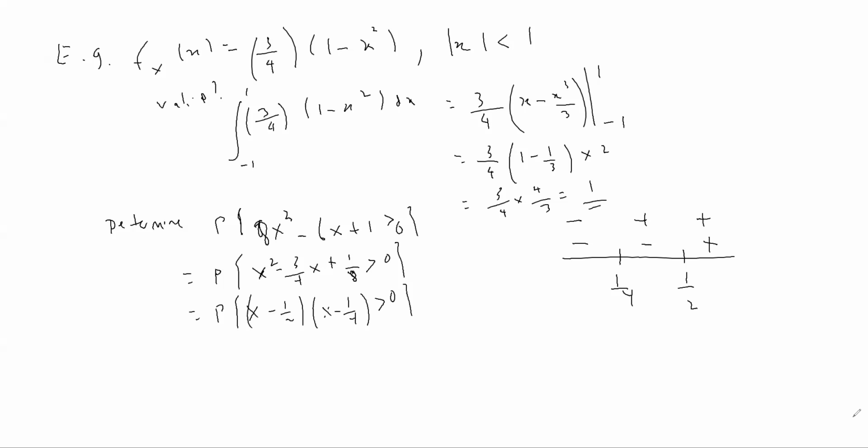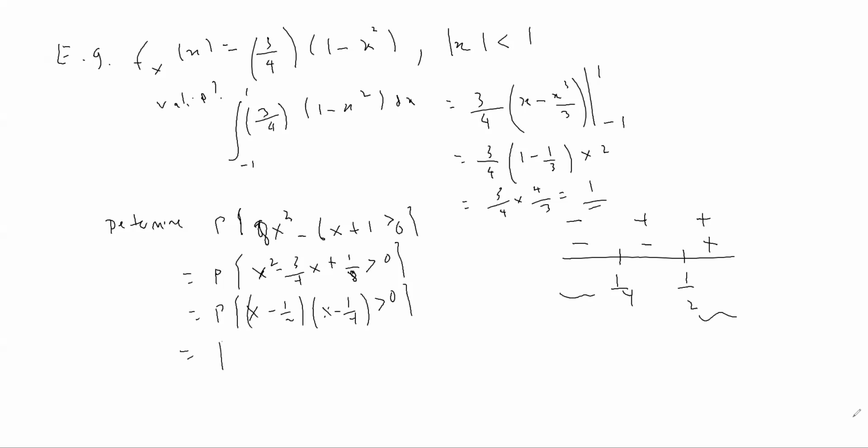So what are the regions which actually give me, if you multiply both of them, a positive answer? What are the regions then? x larger than half and x smaller than 1/4.